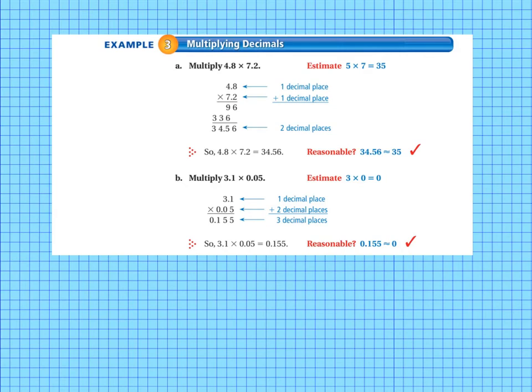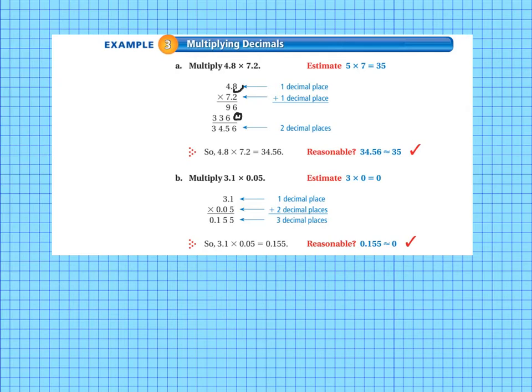Let's do an example where we're multiplying decimals. 4.8 times 7.2. So 4.8 times 7.2, we multiply the 2 times the 8 and the 2 times the 4, and that gives us 96 on the top. I usually fill in this spot with a 0, but the book does not. And then we multiply the 7 times everything on the top, and then we look at how many decimal places we have.